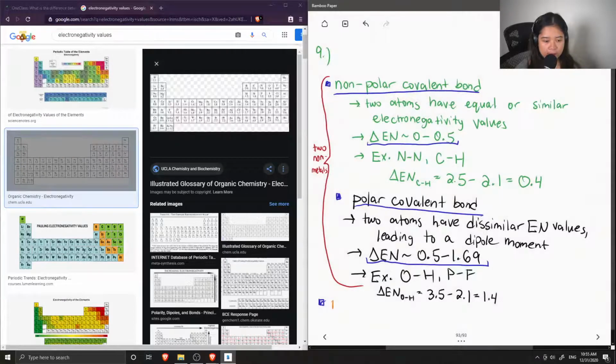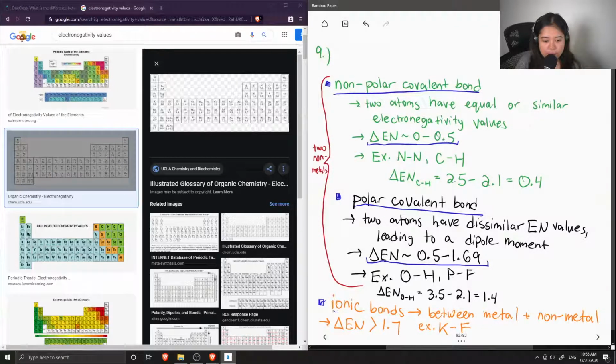Let's do this in orange. Ionic bonds are between a metal and a nonmetal. And typically, they tend to have an electronegativity difference that is much higher, so greater than 1.7. An example would be potassium fluoride.